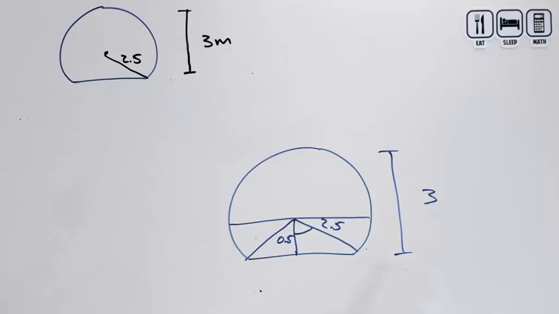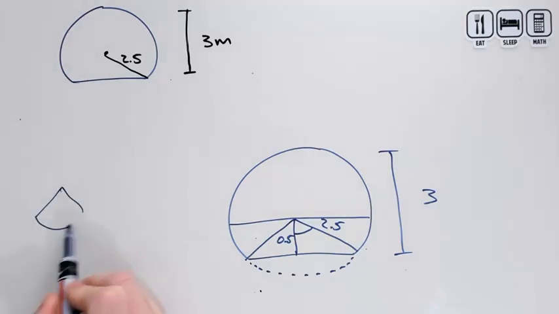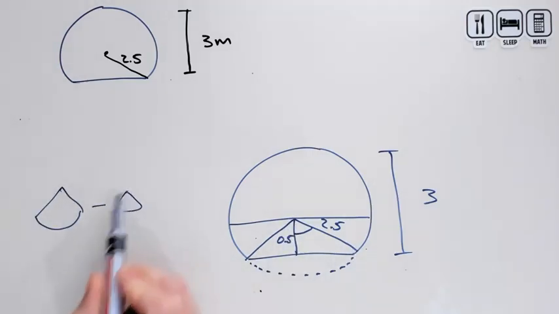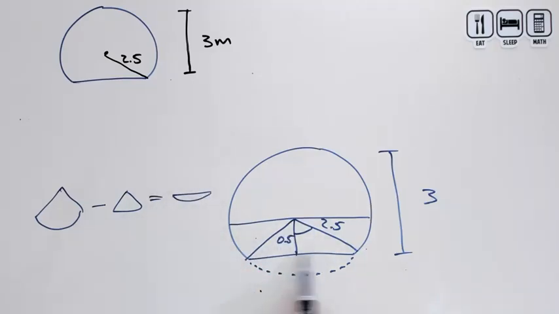Option A would be working out this sector, then subtracting the triangle, and then I'm left with this little segment. And then I take the full circle minus the segment, and that would be fine.